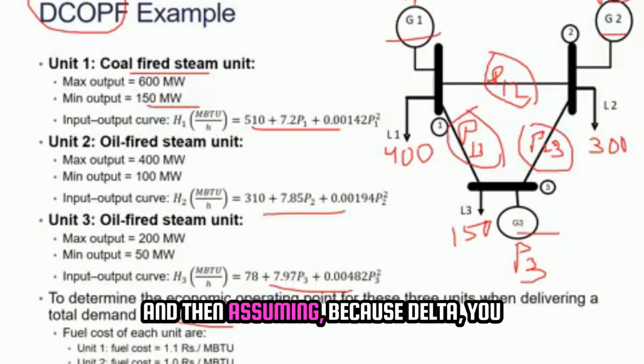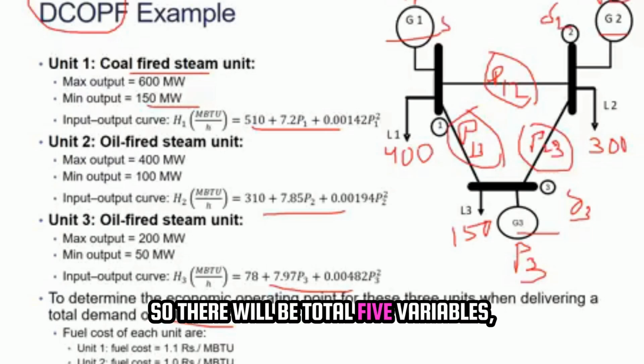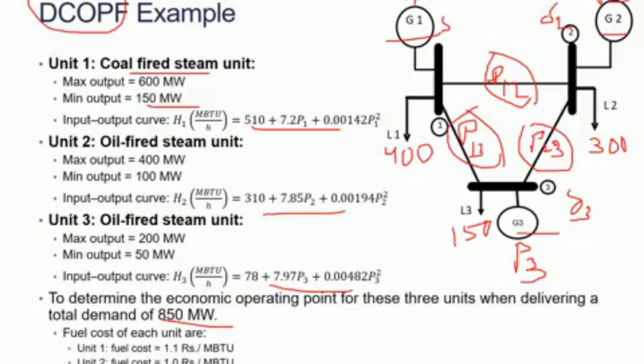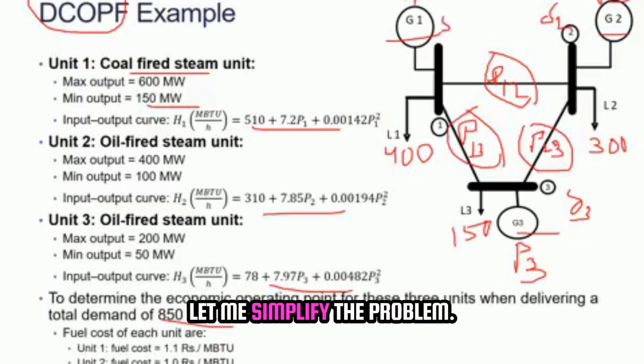And then, because you can take the first bus as the slack bus, you will have delta 2 as one variable and delta 3 as another variable. So there will be a total of 5 variables, 3 PGs and 2 deltas, and based on that you can optimally calculate all the values. So let me simplify the problem.